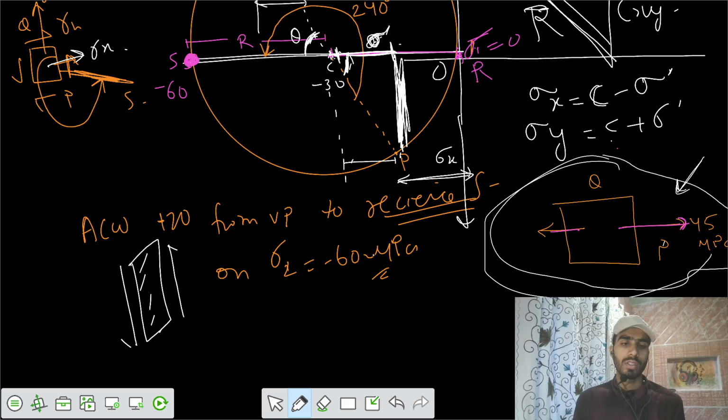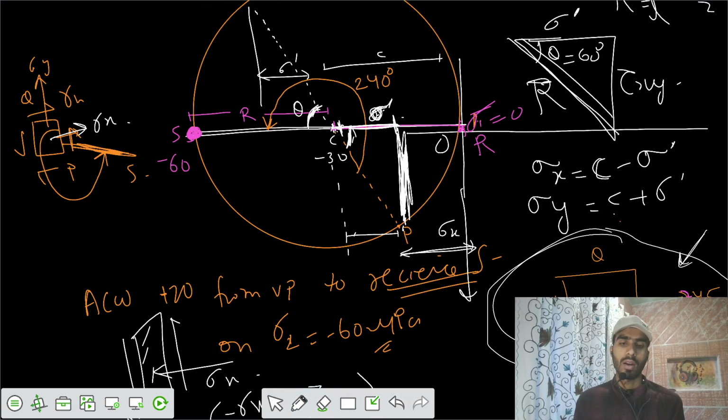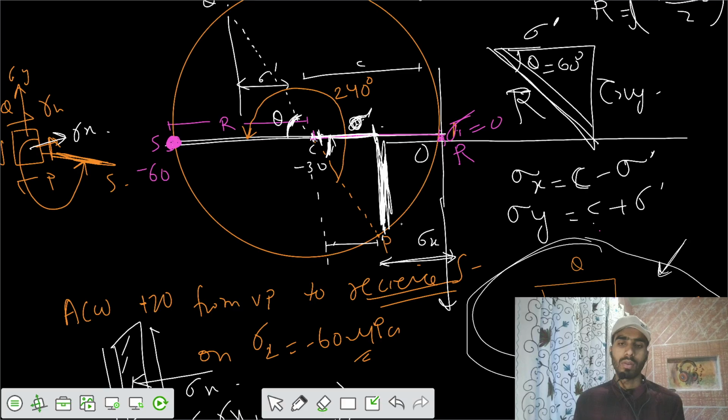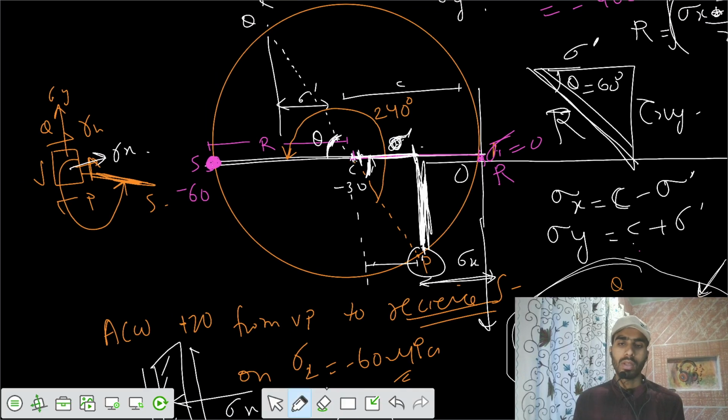So shear stress is negative on this plane P, and compressive stress of sigma x. So your coordinates would be minus sigma x comma minus tau xy. That's why on the plane P we have sigma x negative and tau xy also negative.